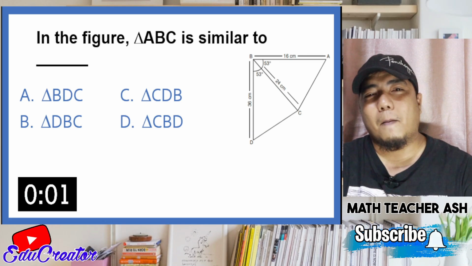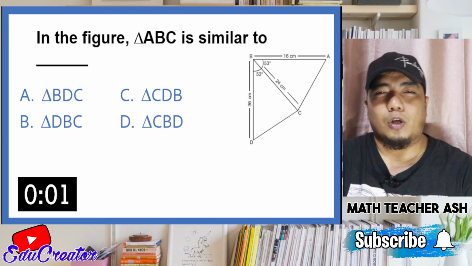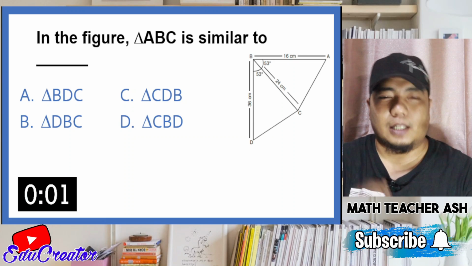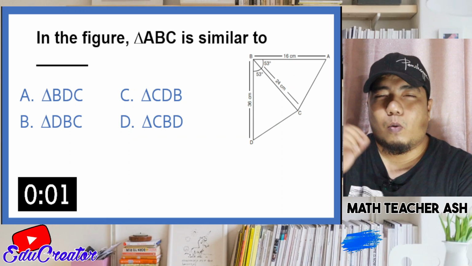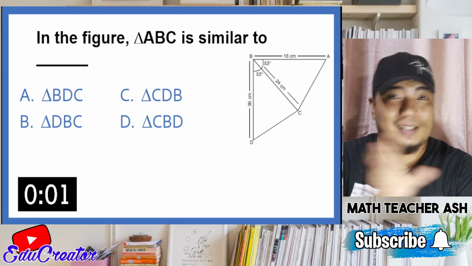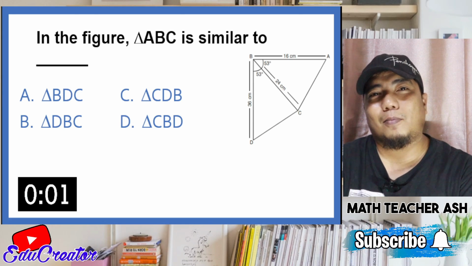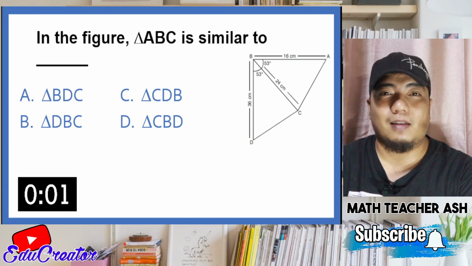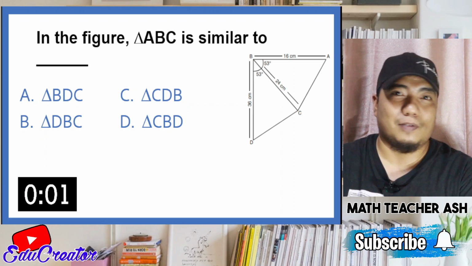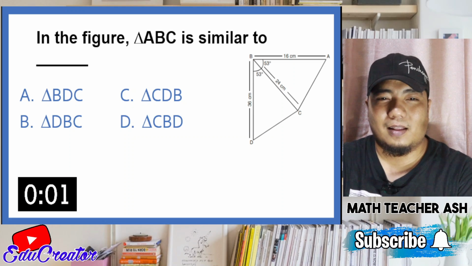But in terms of similarity, when one triangle is named in a certain way, you must also name the corresponding triangle in the same way so that they can be similar.